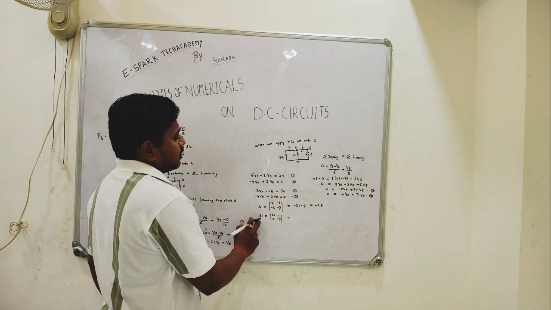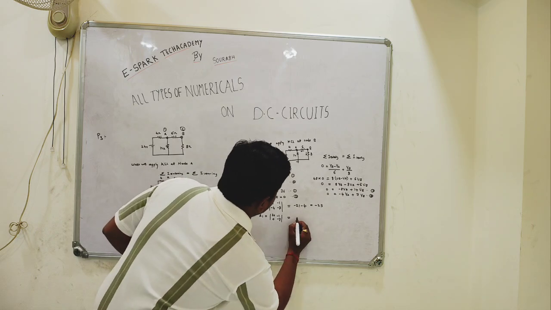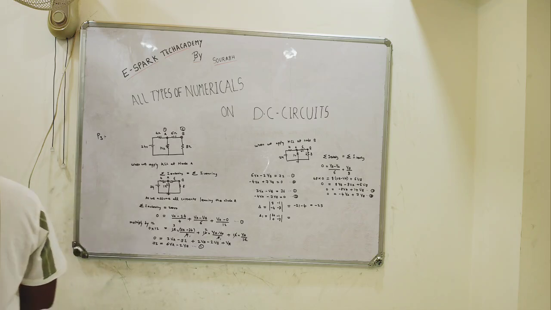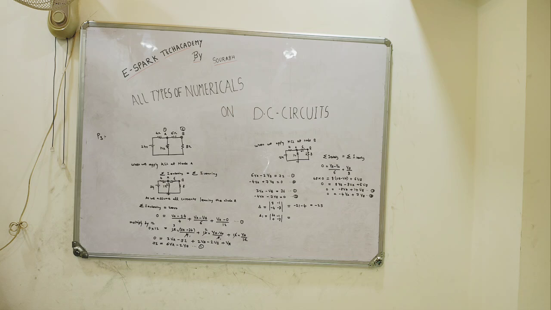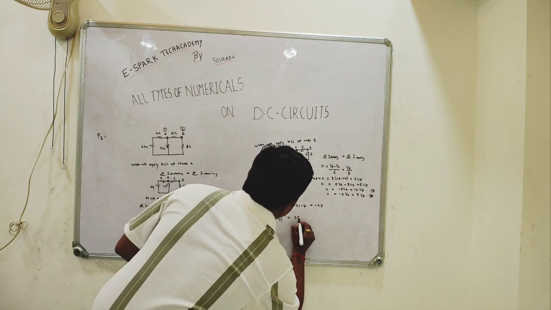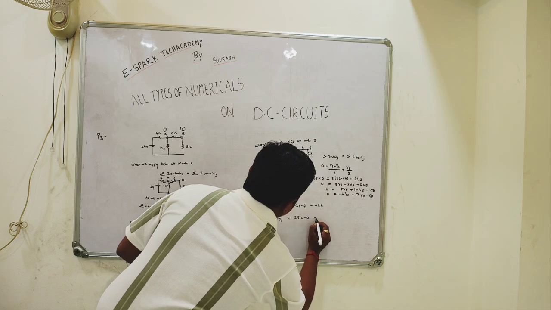Delta 1 will be helpful for calculating VA in this case. Now 36 into 7 is 252, minus 0.